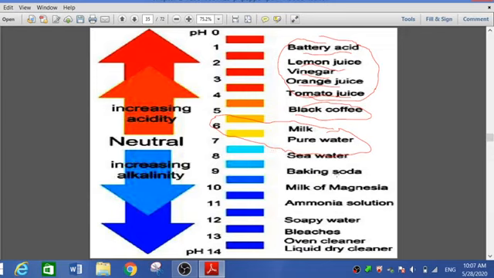Seawater, baking soda and washing soda are basic. Alkaline means a base dissolved in water. Milk of magnesia, Mg(OH)2, has pH near 10 because it is a base. Ammonium solution NH4OH, soapy water, bleach and liquid drain cleaners are all basic in nature and have dark blue color, while acids are red in color.